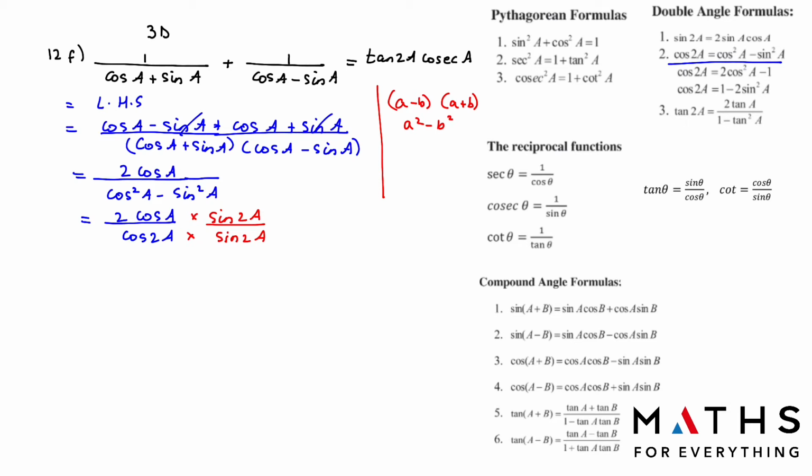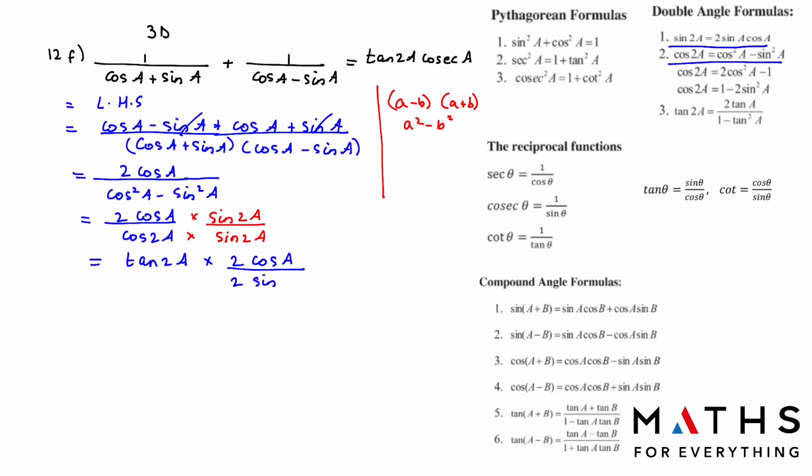This sine 2A over cos 2A will give us tan 2A, what we need. What are we left with now? We are left with 2 cos A over sine 2A. Sine 2A, we'll use the double angle formula and expand it.